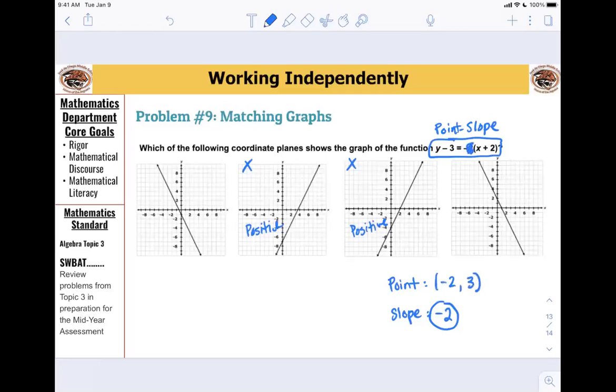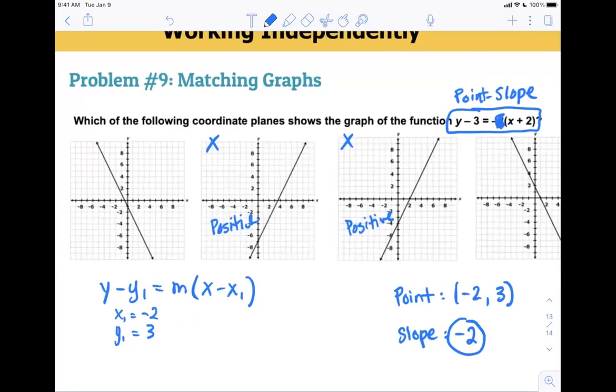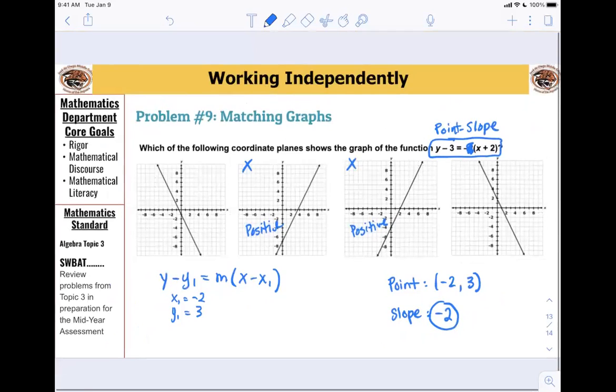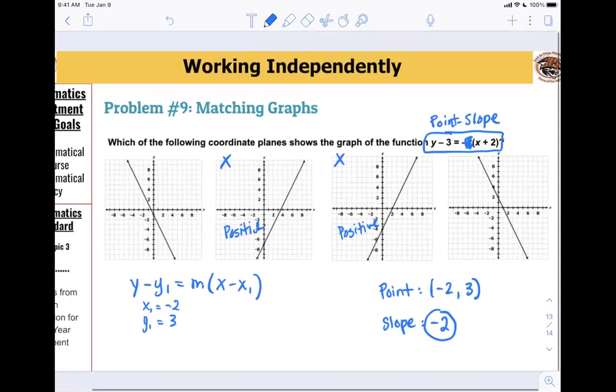I'm going to show you why very quick. This is y minus y1 equals m times x minus x1. So my y1 was 3 and my x1 was -2, because you got to flip them. That's the tricky part. That's the hardest part of this problem, is that you have to flip the sign. So my point is -2 comma 3, which means between A and D, which one has that point? See if you can check.